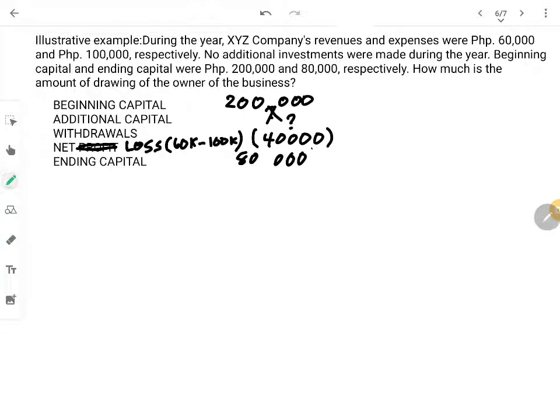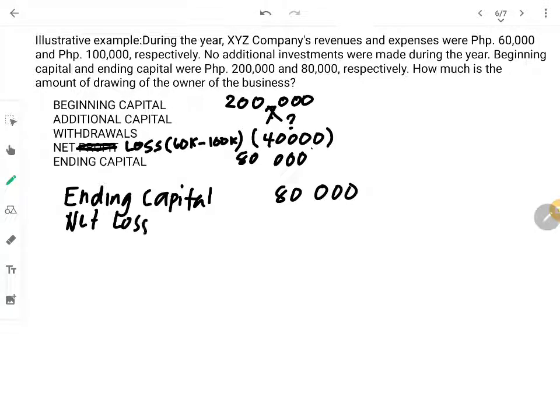Okay, so let's try to answer that para alam natin kung ilan yung withdrawals. So, ending capital is 80,000. And then, net loss, negative. So, pag reverse, i-add natin yung net loss. So, that is 40,000. And then, wala tayong additional capital.